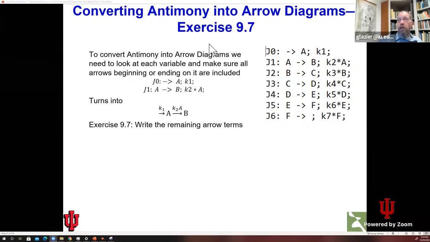So the other thing we can do with this would be to write arrow diagrams. Converting the ODEs to an arrow diagram, if we use the reaction notation, is pretty trivial.